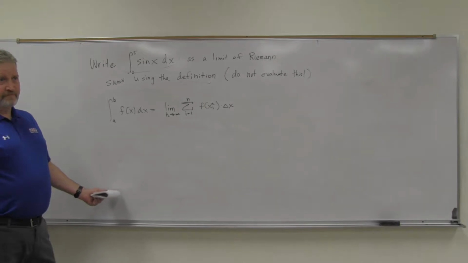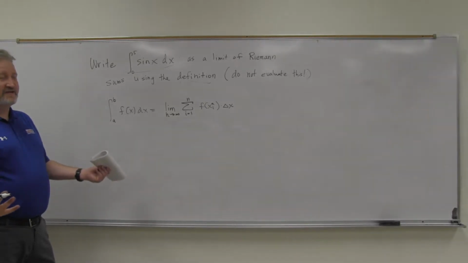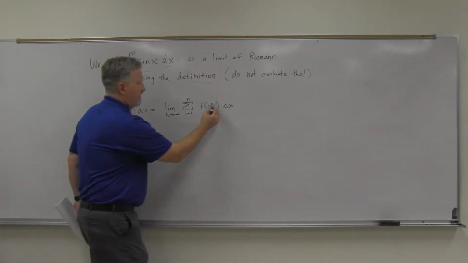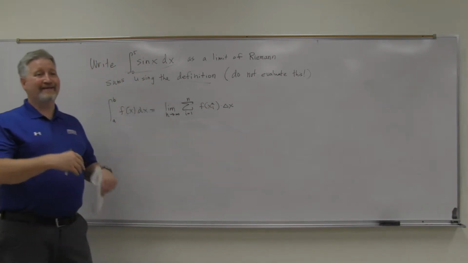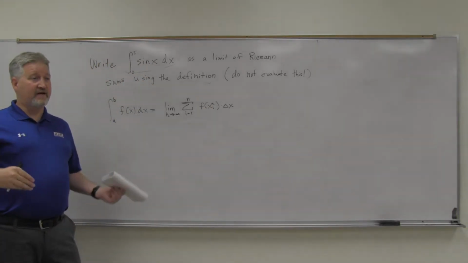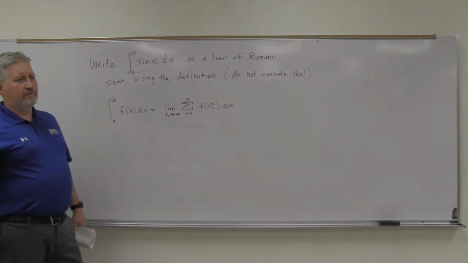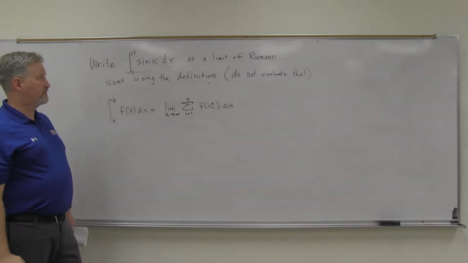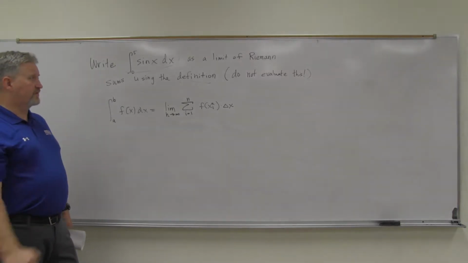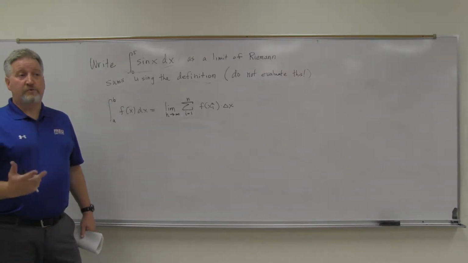Now, to make it a little easier on ourselves, this x sub i star could be any left-hand endpoints, right-hand endpoints, or midpoints. The ones they'll have us do, I believe, we'll use the right-hand endpoints.